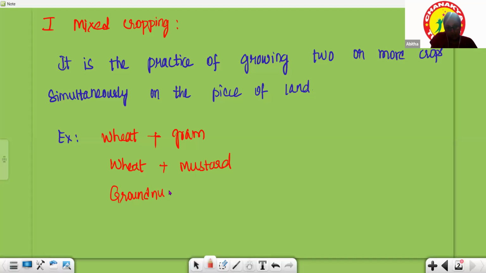So these are certain combinations we can follow, etc. So this is mixed cropping: growing two or more varieties simultaneously on a piece of land.